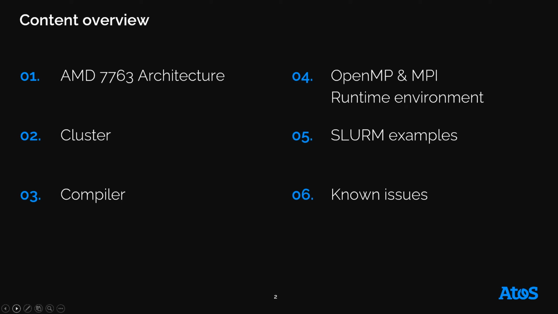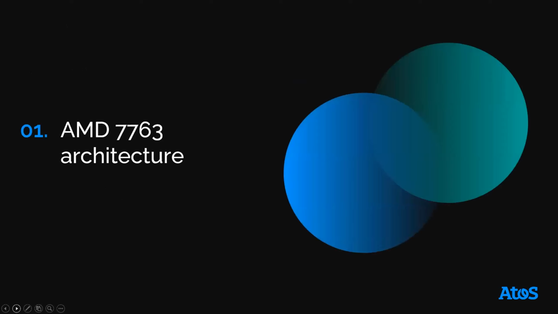Then a few things about OpenMP and MPI, how you can best set your runtime environment for your applications, some Slurm examples, and then three known issues, of which one is solved and two are still in progress. Four known issues. Sorry, I think I only have three in here, but we'll come to that.